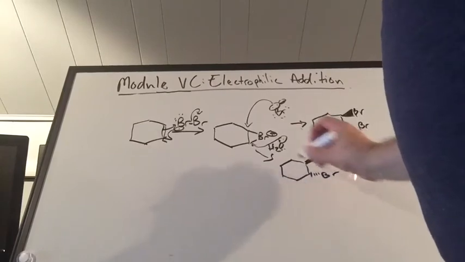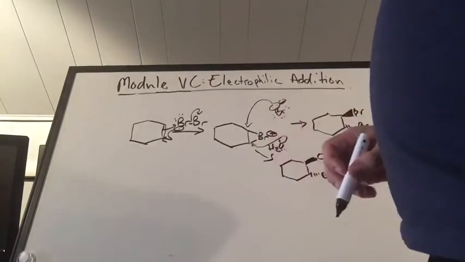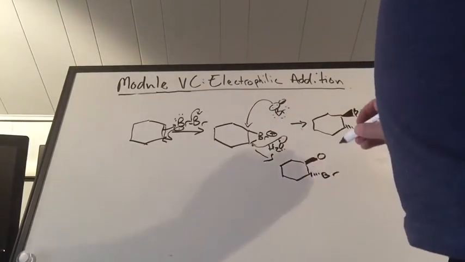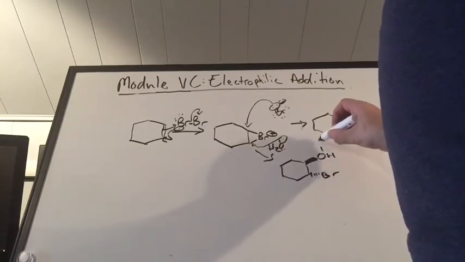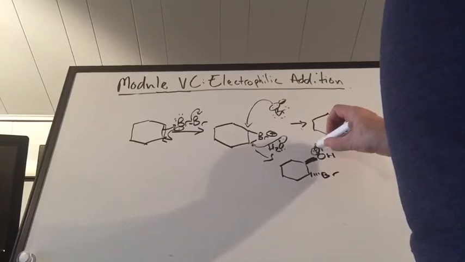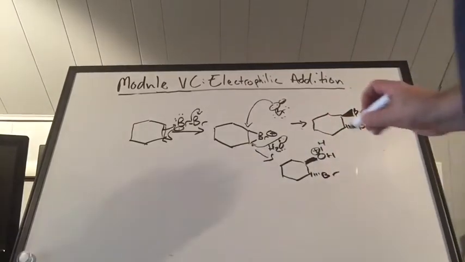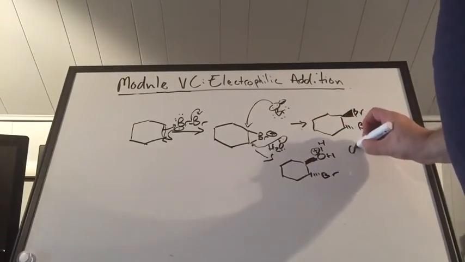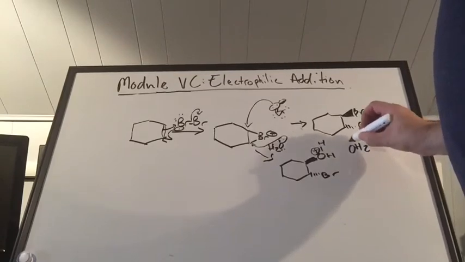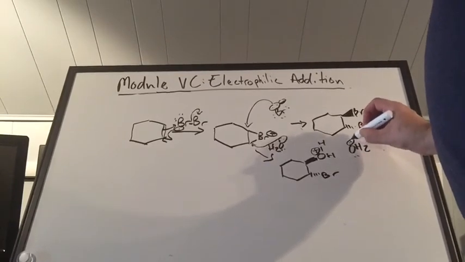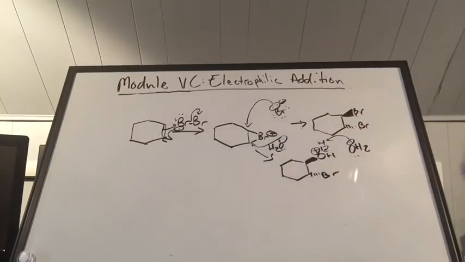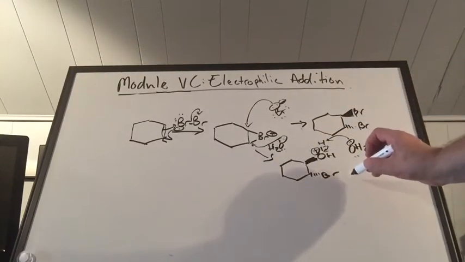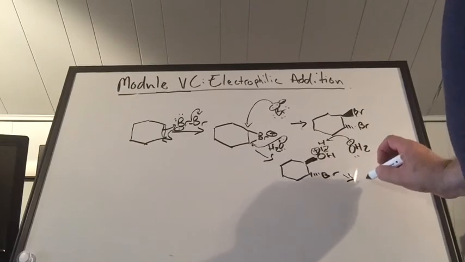This other bromo group got knocked down. Okay. You're going to have protic hydrogen here that's just going to get stripped away from another water molecule, and then you're going to have a halohydrin.